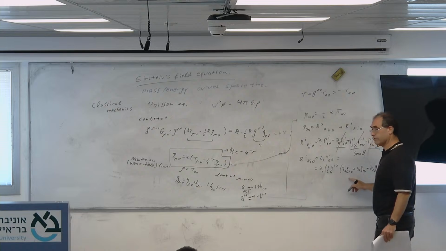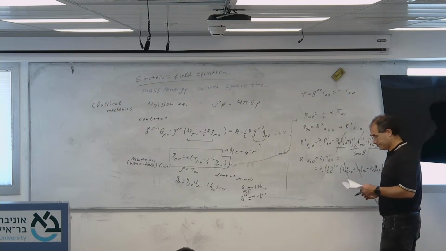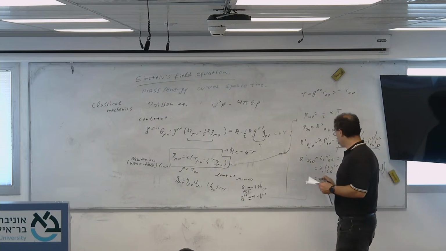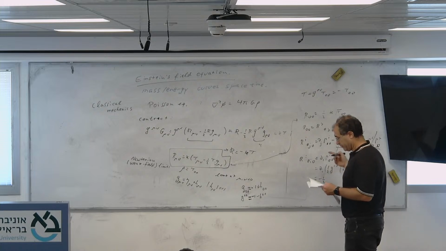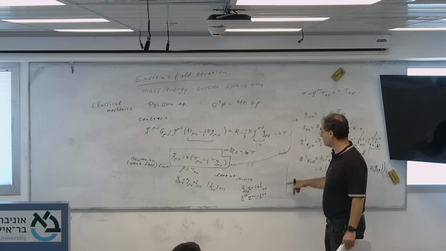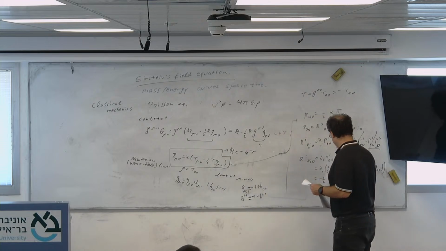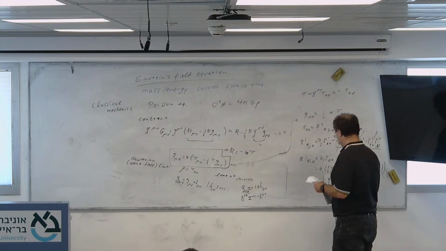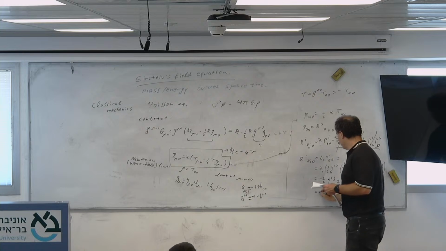Again, the time derivatives of the metric, I don't care about them. So we have a minus 1/2. Again, to zeroth order, g is just eta. So we have an eta ij d_i d_j h00, which is simply minus 1/2 nabla squared h00.